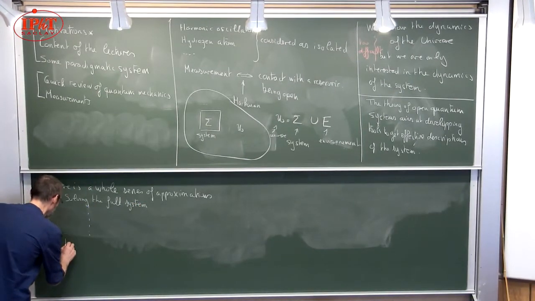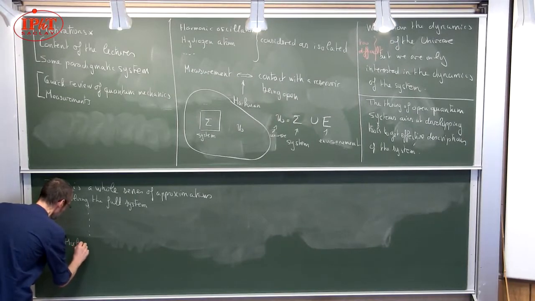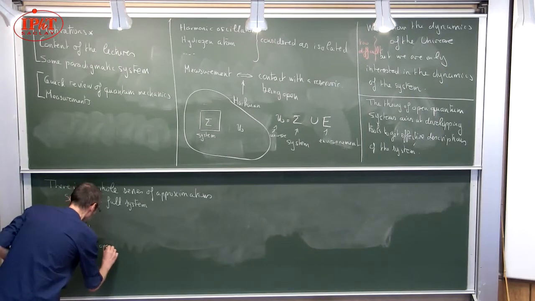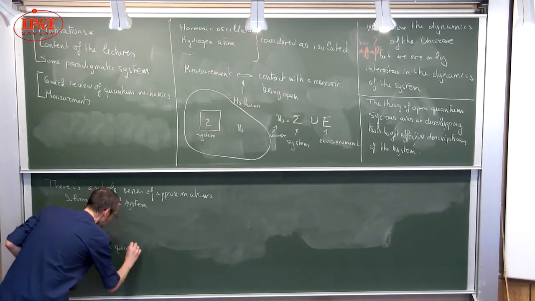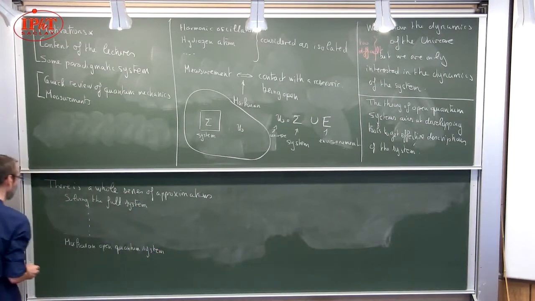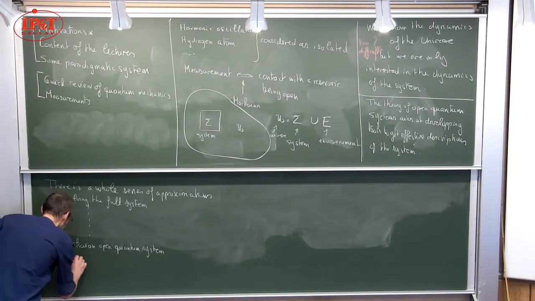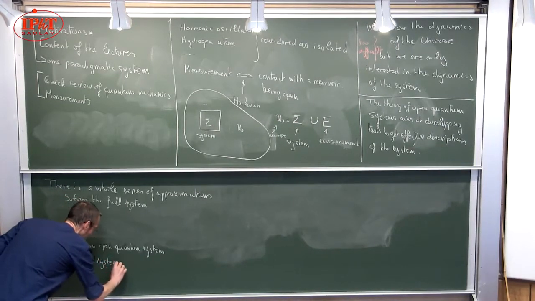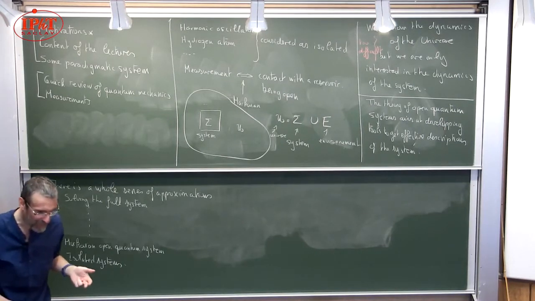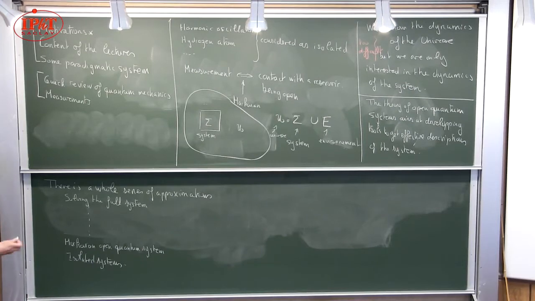You have Markovian open quantum systems, which are the goal of these lectures. And basically, the next step is just isolated systems. Okay, so if you want to have a clear view, I could try to find the precise page, but if you look, you will find it.